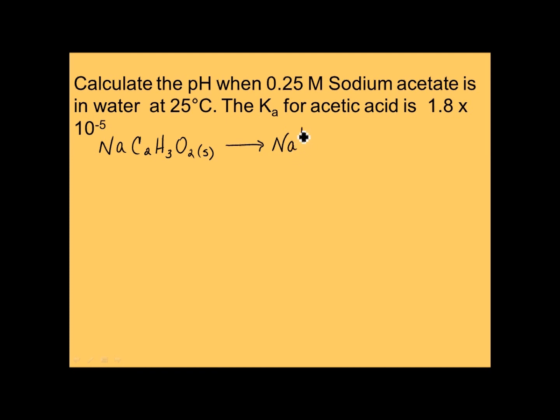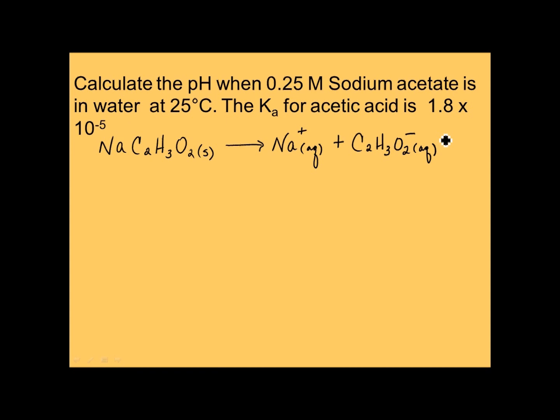So this is a chapter 4 concept. In water, this soluble salt will ionize completely. All right, so here's what happens. We have to analyze the ions because this is a 100% dissociative issue.